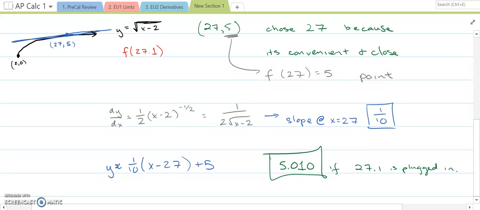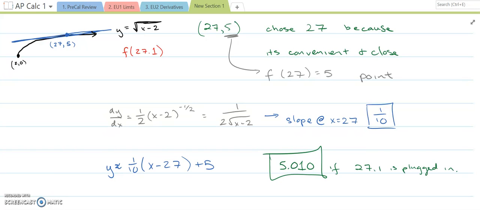Would I plug in 28 into this? Maybe. It's starting to get a little bit hairy there, starting to get a little bit fuzzy. But I definitely wouldn't want to plug in a number like 146. That wouldn't make any sense at all.